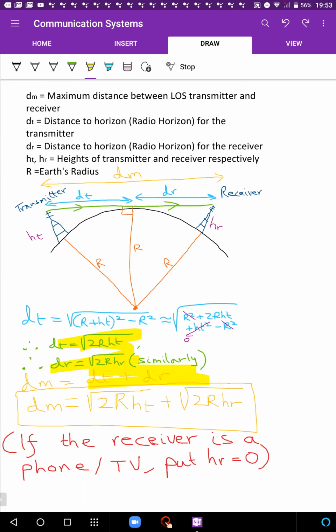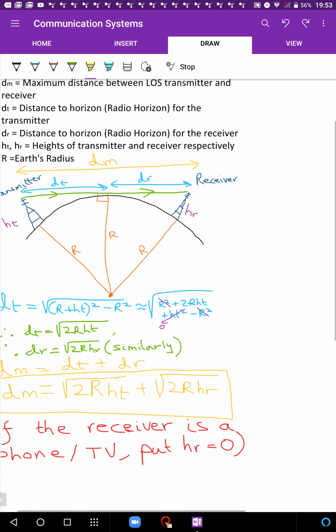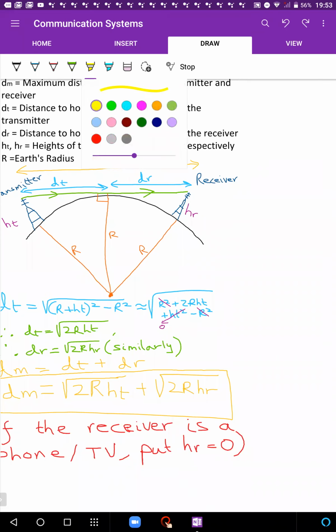If they ask you a variation, what could the variation be? They could ask how far from the tower you have to be. What if your mobile is communicating with a tower? At what distance could you lie? Now your mobile is going to be in your hand, at the earth's surface. You're not going to be on the top of a high tower, right? So in that case, you put hr as 0.